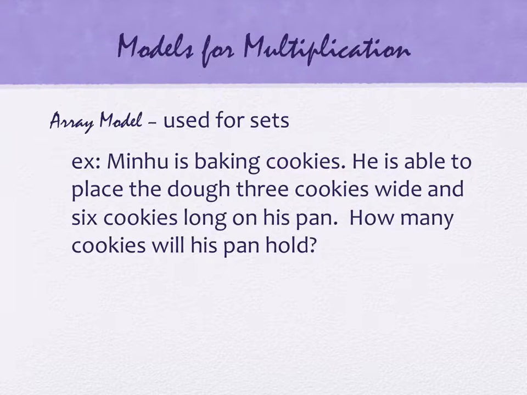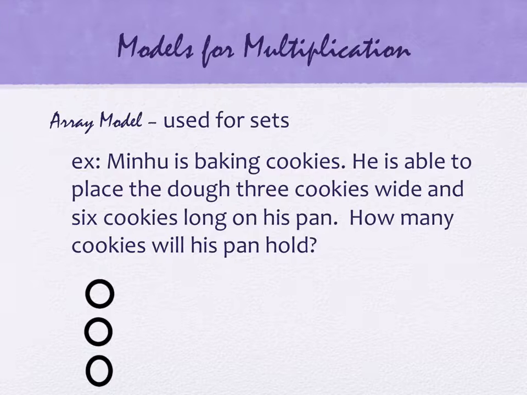It says it's 3 cookies wide. Whoops, that's from last time. Let me not make it dotted. Okay, here's 1. More space if I do it down. 2, 3. And it's 6 cookies long.